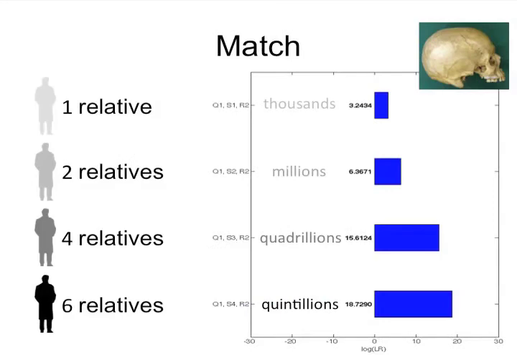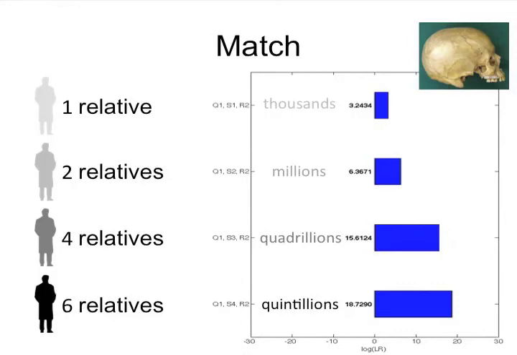On this next slide, we're looking at the possible match statistics that can be created. On the left side of the screen, the x-axis is the log LR, which is your match statistic. This is showing that the number of relatives you use to infer the missing person genotype determines how strong your match statistic is.